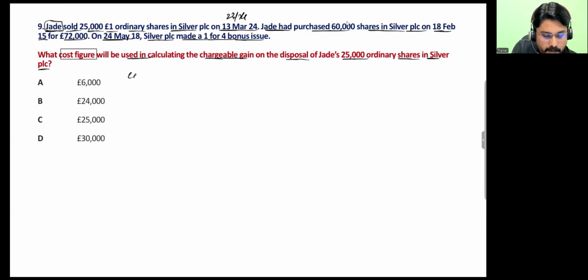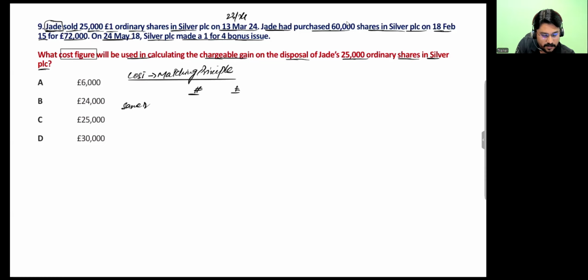If you remember, for calculating the cost of shares, we have to follow the matching principle. If the shares are of the same company, then cost is calculated using the matching principle, which has 3 steps. First of all, we consider the same day purchases. Same day is the disposal day; the shares are disposed on 13th March 2024.